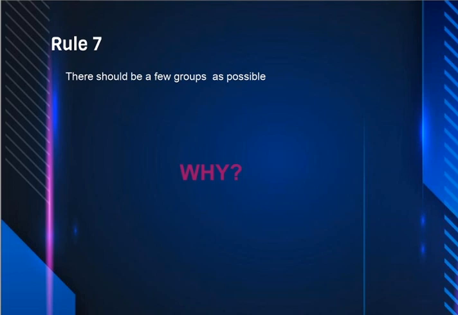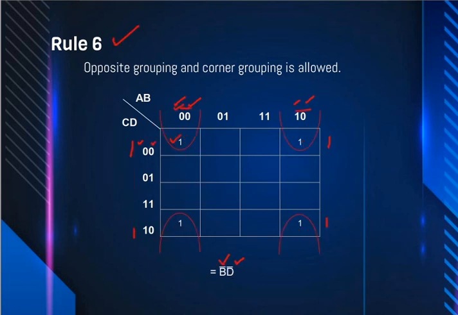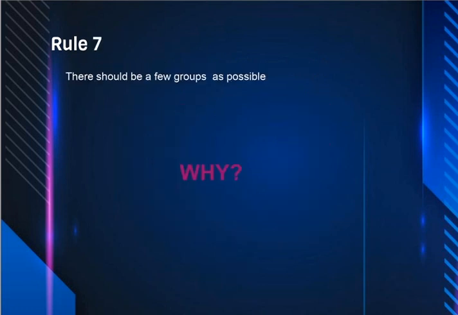Like in the previous example, we took only 2 groups, using opposite grouping, and it was only 1 equation, which you can see here. But if we take more groups, then the equation is not simple and will be lengthy. So the 7th rule is that there should be as few groups as possible, because our equation will be smaller and smaller. So these were the 7 rules.